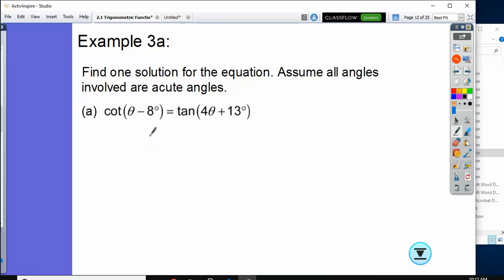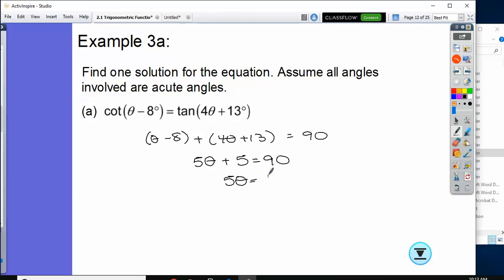Right, they're cofunctions, so if they're equal, that means their angles add up to 90. So that means 5 theta plus 5 equals 90. So theta is 17.